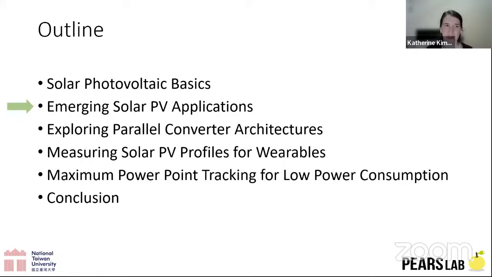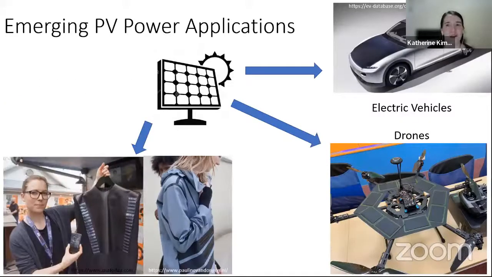Okay, so what kind of applications would we utilize this in? Some of them are a little bit further out, but some seem to be more around the corner than you might think. From the flat panel, we can move to other applications. This one on the right is a solar powered electric vehicle. Of course, it also plugs in.